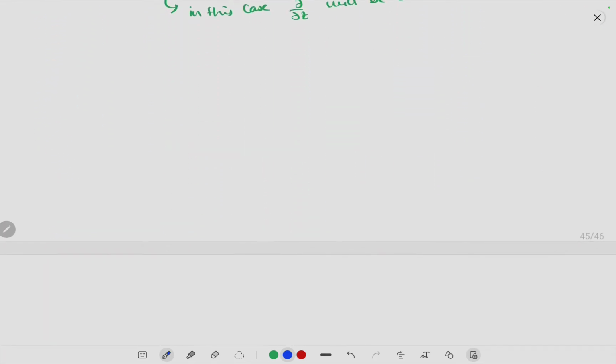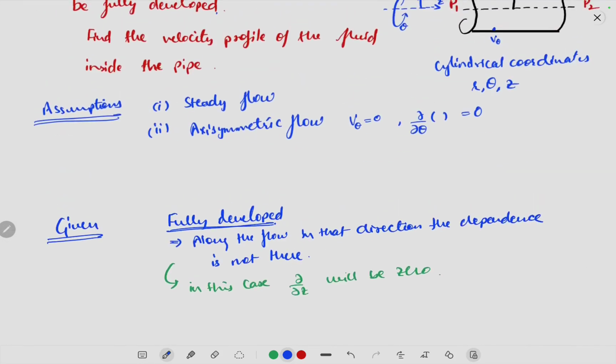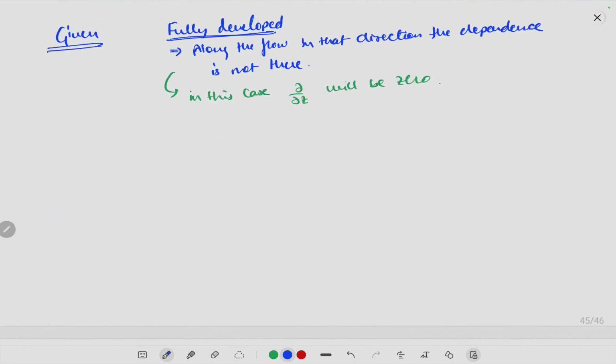Since we are dealing with the cylindrical coordinates and not the Cartesian coordinates, first let me tell you what is the divergence of a vector in the cylindrical coordinates and what are the momentum equations in the cylindrical coordinates.